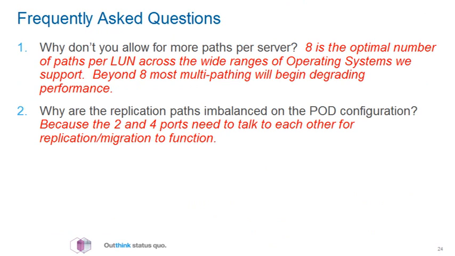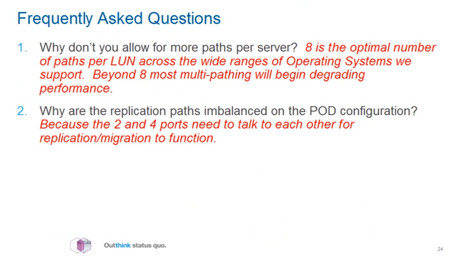This came up. Why are the replication paths imbalanced on the pod configuration? I talked a little bit about this on the slide, but just a reminder, this is because the ports need to communicate with each other for the replication migration function. Hence, we have balanced the replication ports based on the module number and not the card or port number.